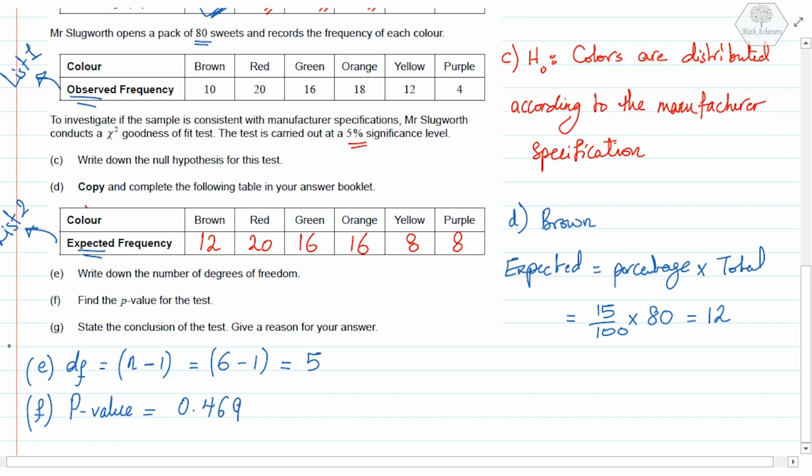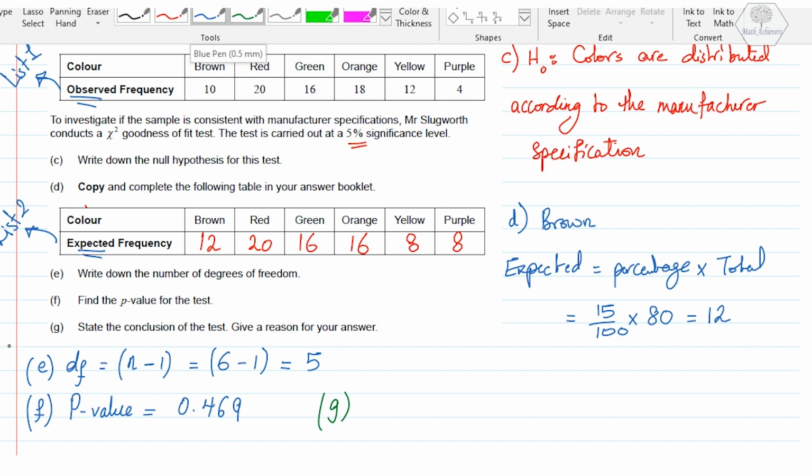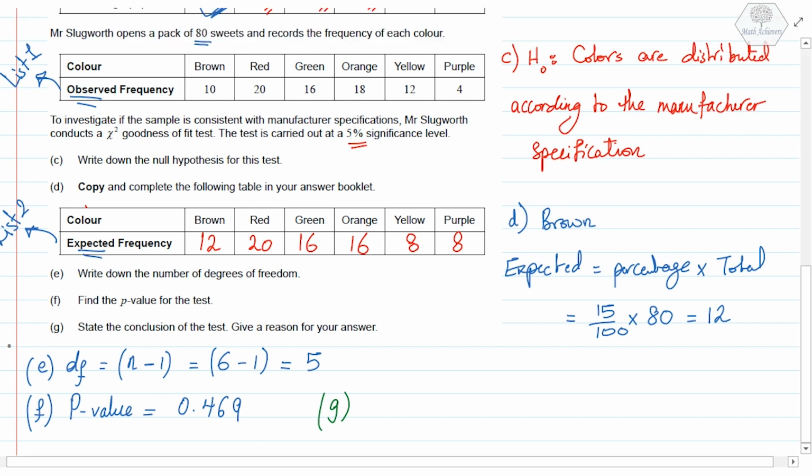Let's do part G now. We need to state the conclusion of the test and give a reason for our answer. We have to compare the p-value with the significance level. The significance level is 5%, which means it is 0.05. I have to compare 0.469 with 0.05. Now 0.469 is greater than 0.05.